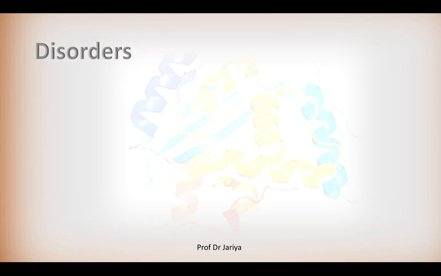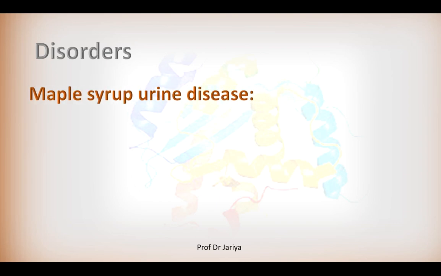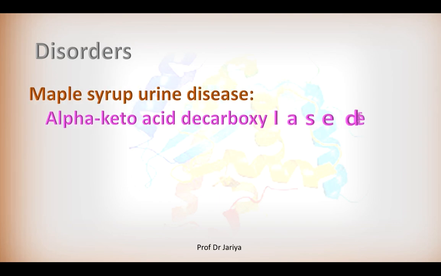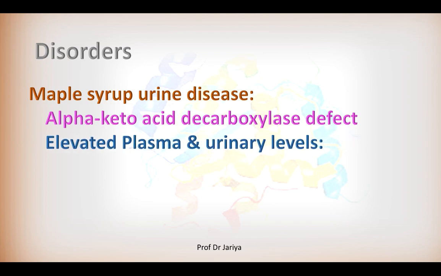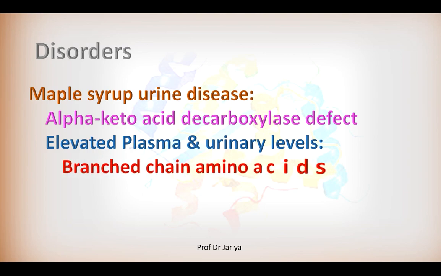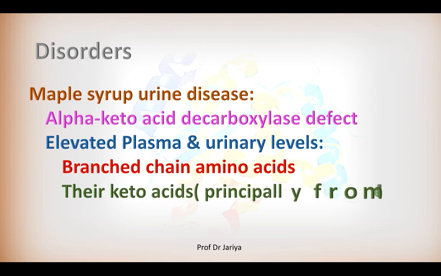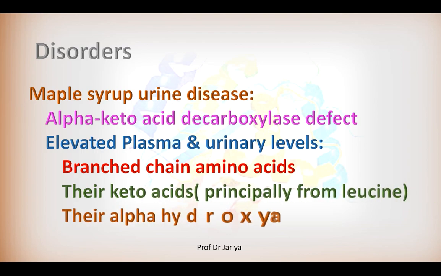Now coming to the disorders. The disorder is maple syrup urine disease. The defect lies in the alpha keto acid dehydrogenase complex. There are elevated plasma and urinary levels of the alpha keto acids, branch chain amino acids, and the alpha hydroxy acids.